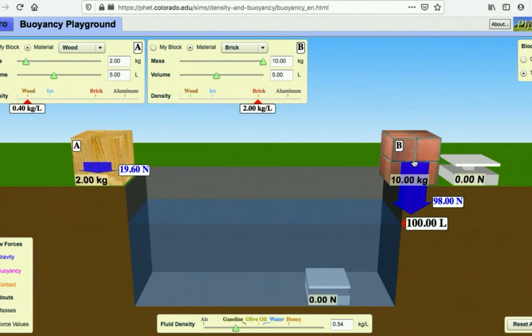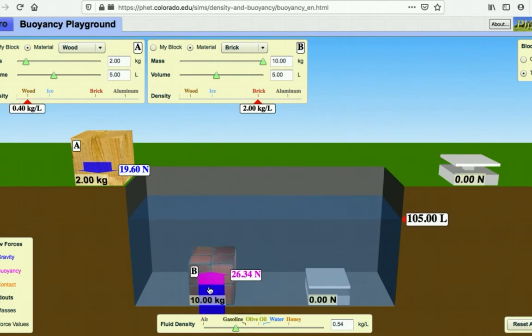In the case of an object that sinks, the buoyancy force on that object can change as you change the fluid. So as I change this to something that's more dense, the buoyancy force increases, and as it's less dense, it decreases, because you're always displacing the same volume.